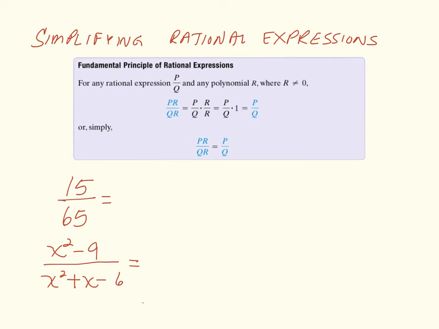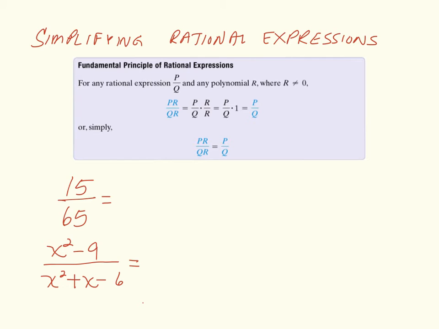It says for any rational expression, P over Q, remember P is a polynomial and Q is a polynomial. And if you have another polynomial R, where R is not 0, then P times R over Q times R equals P over Q times R over R, which is simply P over Q times 1.